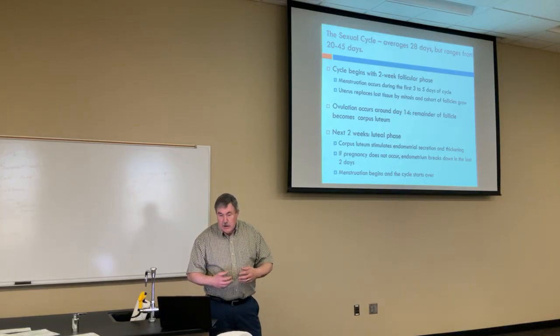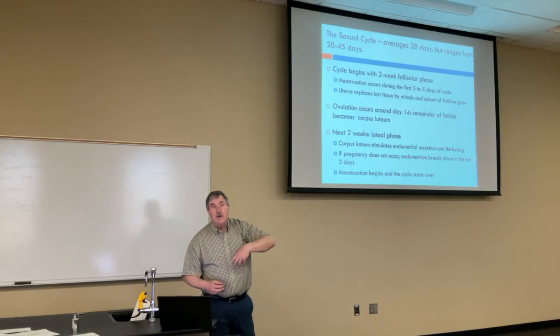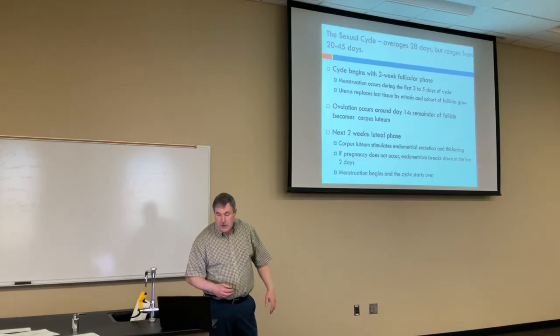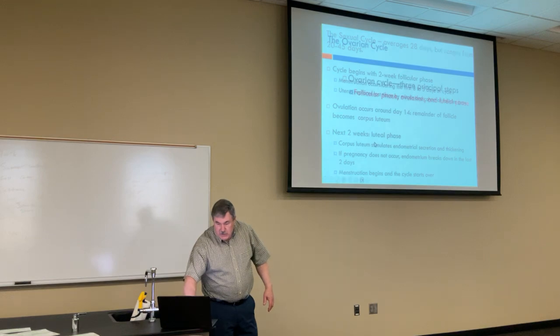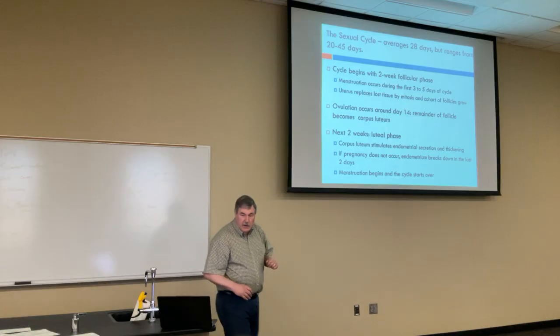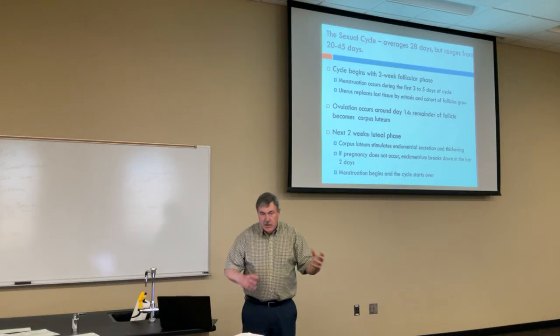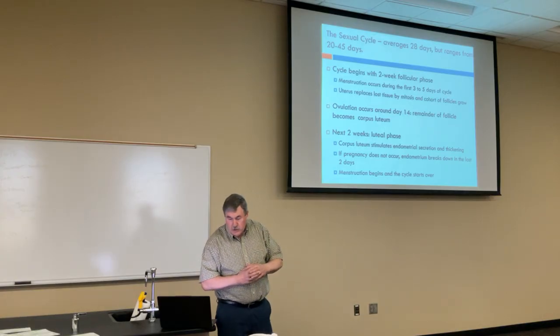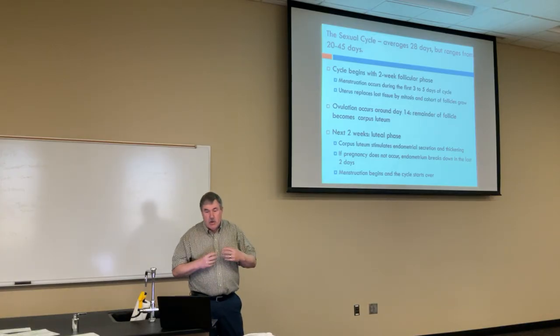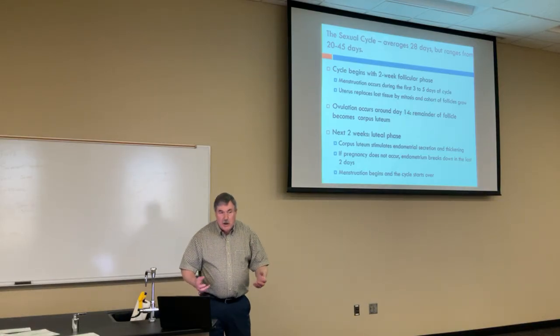And so following that time, the uterus replaces the lost tissue by mitosis, and another cohort of follicles, which is not going to mature for another 290 days, begins during that time. Then once ovulation occurs, about the middle point of the cycle, the empty follicle turns into a corpus luteum. The next 2 weeks of the cycle are called the luteal phase, and that's when the corpus luteum is releasing mostly progesterone.